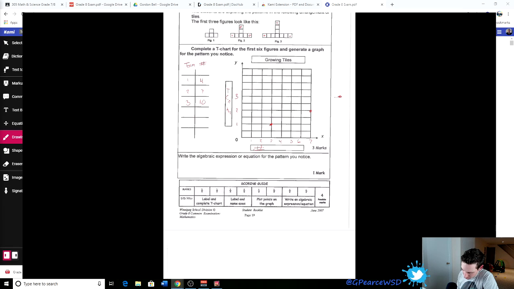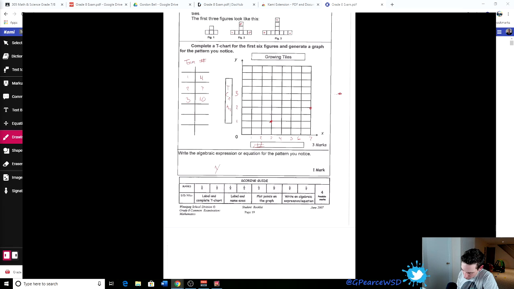So you could say y equals x plus 3. So every time, every term. Does that make sense? I'm confused. It's getting late.